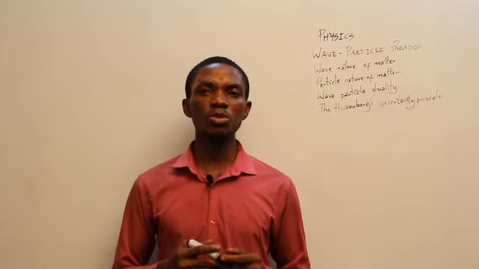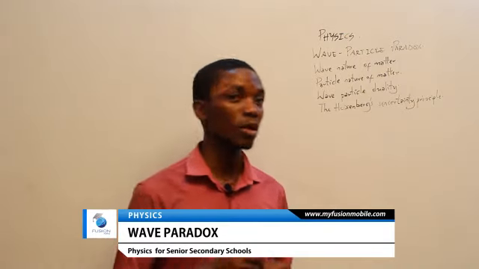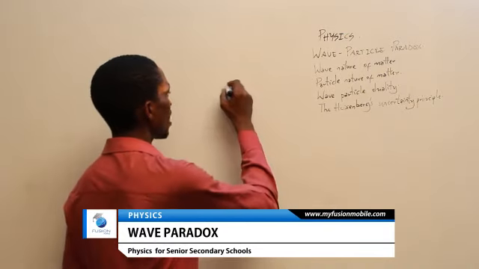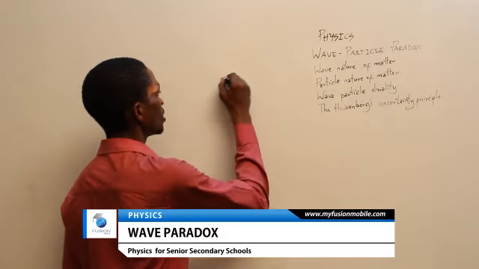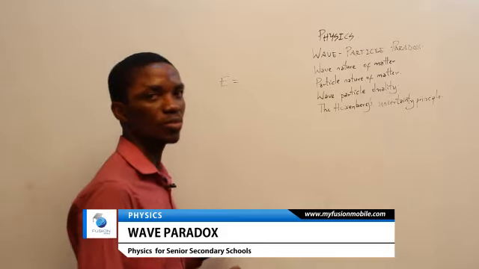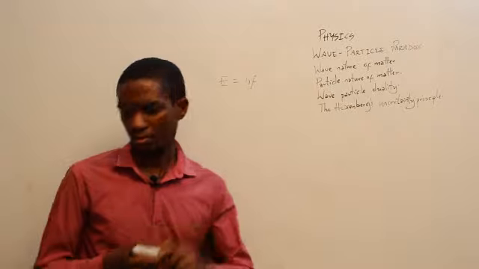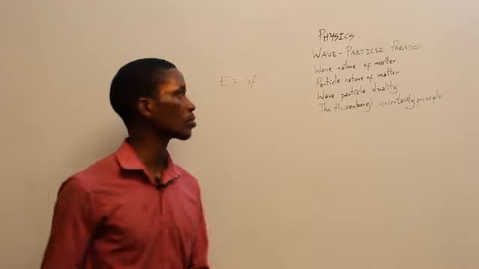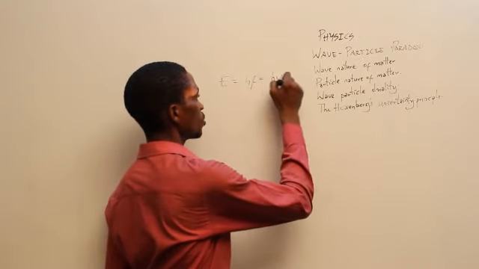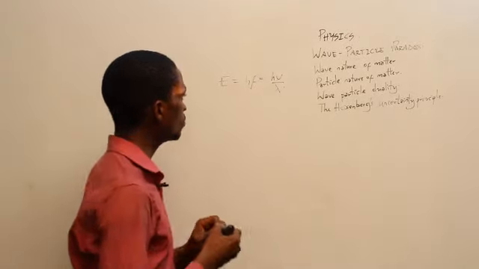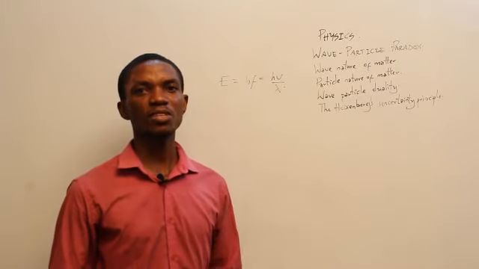When we talk about the wave function of electromagnetic radiation, observe that we have energy being calculated in relation to something related to waves: E = hf, or hc over lambda. So we have lambda, which is perfectly related to waves.